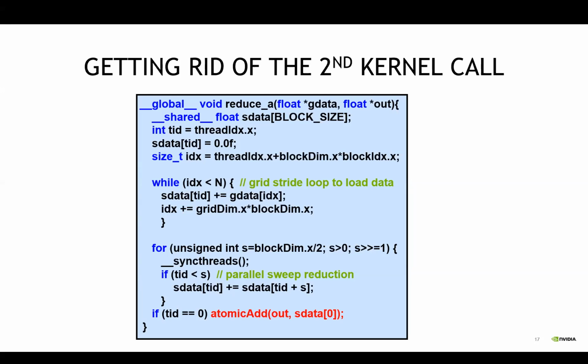Now, the pressure on my atomic system is reduced to just one partial sum, in other words, one atomic operation per thread block. So that's a significant reduction, and that sort of optimization might make a lot of sense. It might actually be best from a performance perspective by reducing the pressure on the atomics to that level.